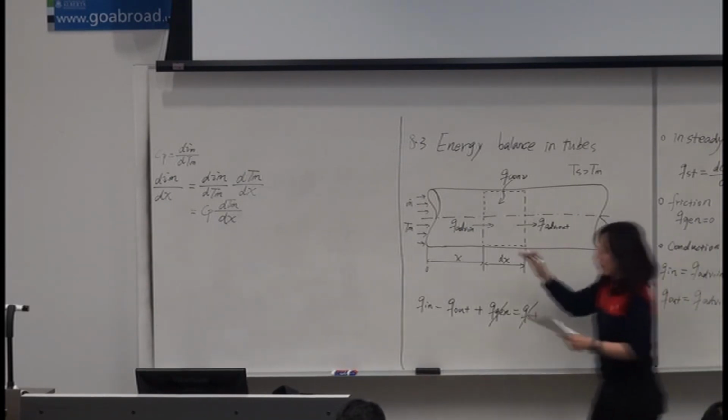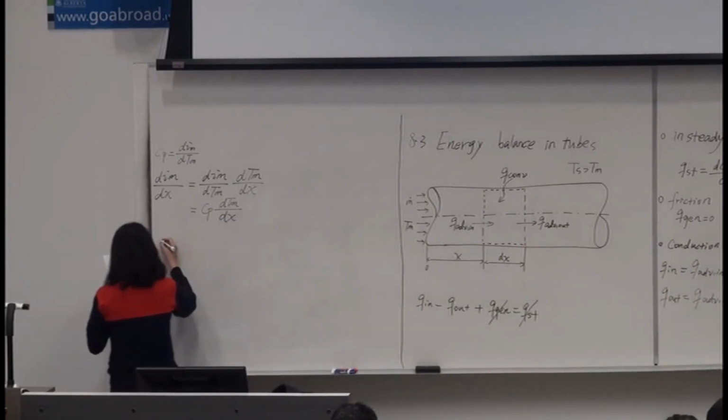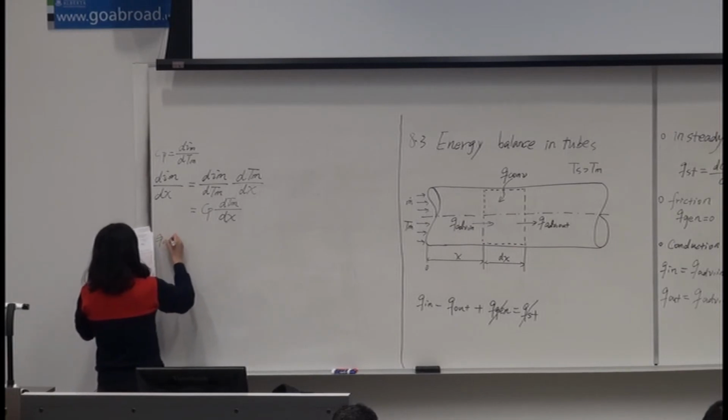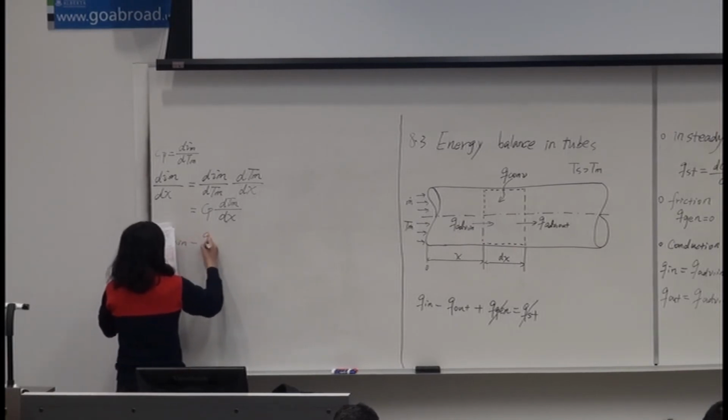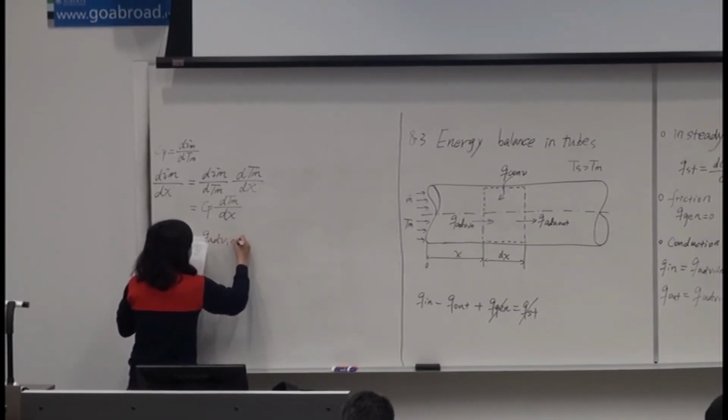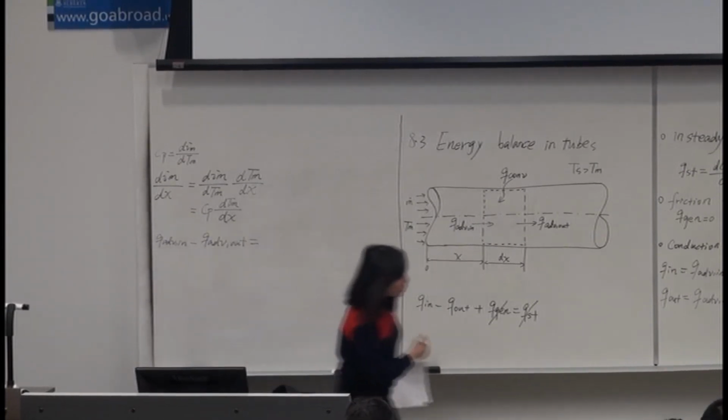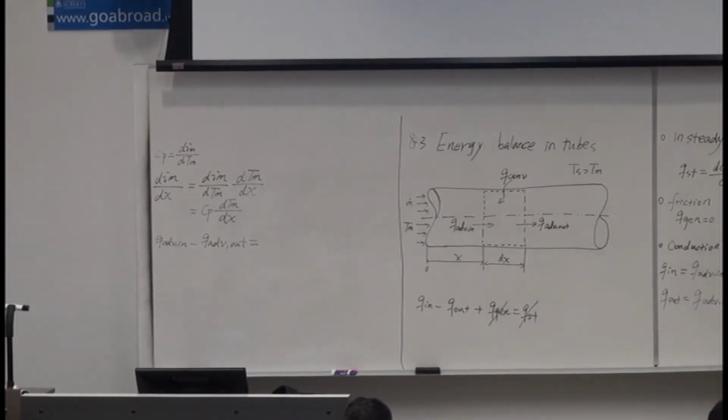And in this way, with this term, we would have our Q advection in minus Q advection out. Here those mean entropy terms cancel.